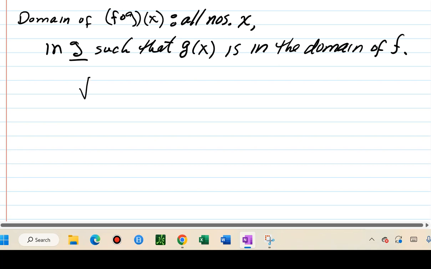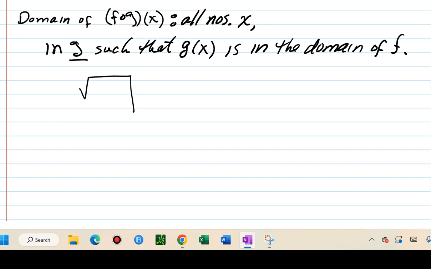In terms of our machine, this is what our machine looks like. So here we have g. We have to be in the domain of the first machine, x, because g has to be able to produce an output. If g cannot produce an output, then f will never actually kick in.